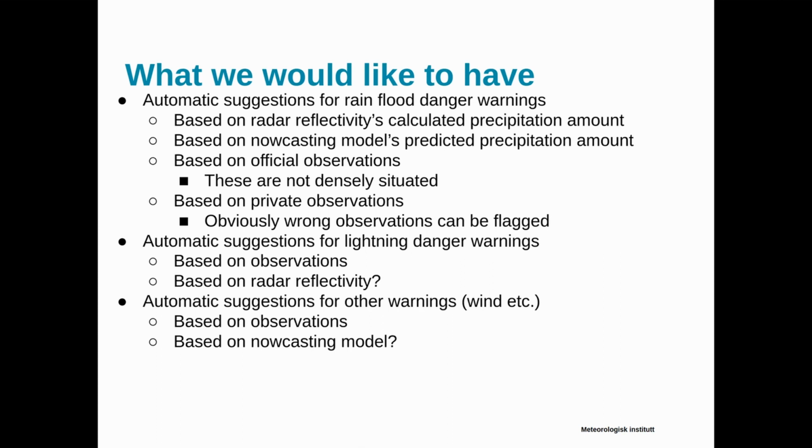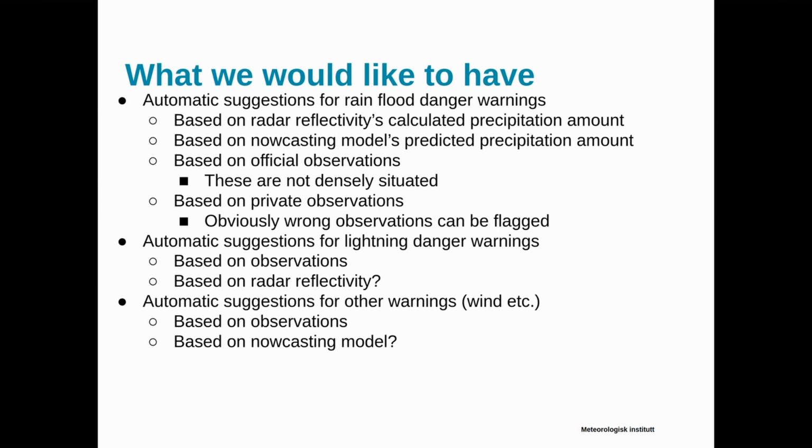Also based on the Nowcasting model's predicted precipitation amount. But observations could also be used. But the official ones are not so densely situated, so the danger warnings could also be based on private observations.